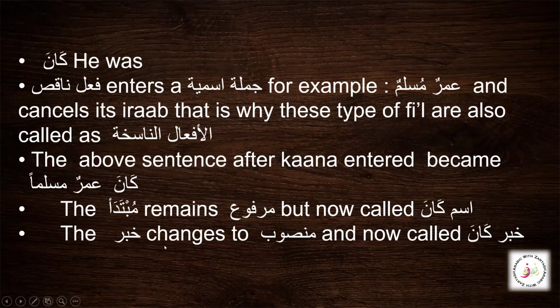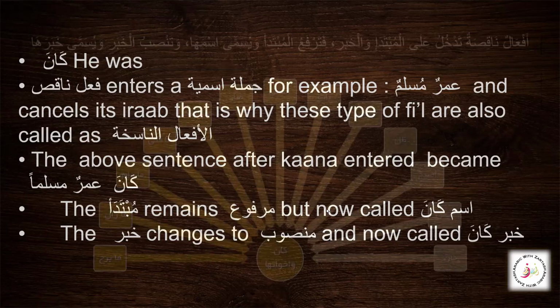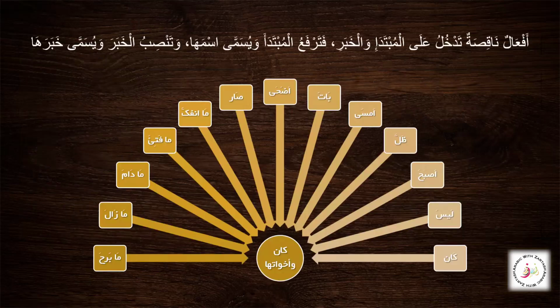So we have this mubtada changed into ism kana and the khabar changed into the khabar kana. And the mubtada that becomes ism kana will remain marfu while the khabar changes to mansoob. So this is the introduction of kana, and inshallah we are going to continue with the types, the kana wa akhawatuha, the other af'al naqisa, in the other session.